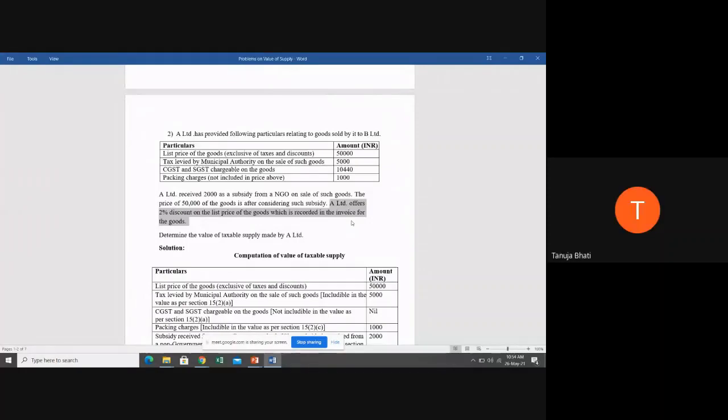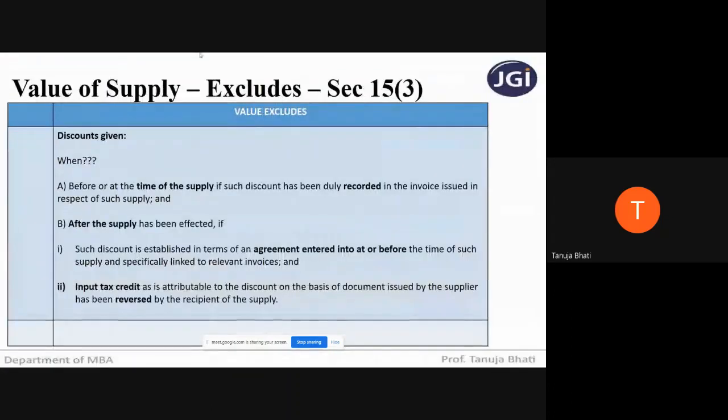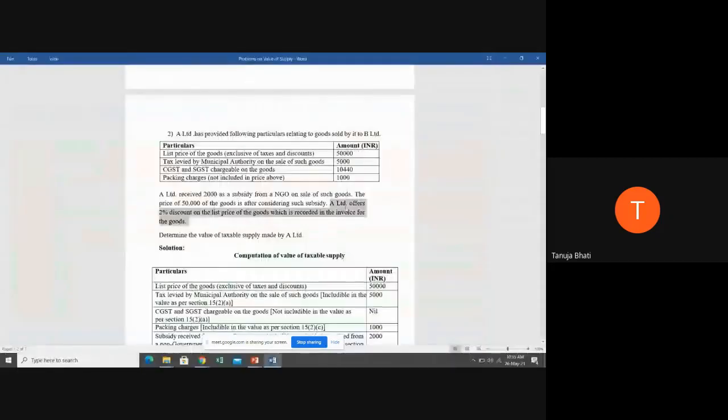Excluded. Very good, students, because as per section 15 subsection 3, any discount given before or at the time of supply, which is recorded in the invoice, which is linked to the invoice, has to be excluded. We have already seen this under section 15 subsection 3 clause A. Very good. So all the answers are given.